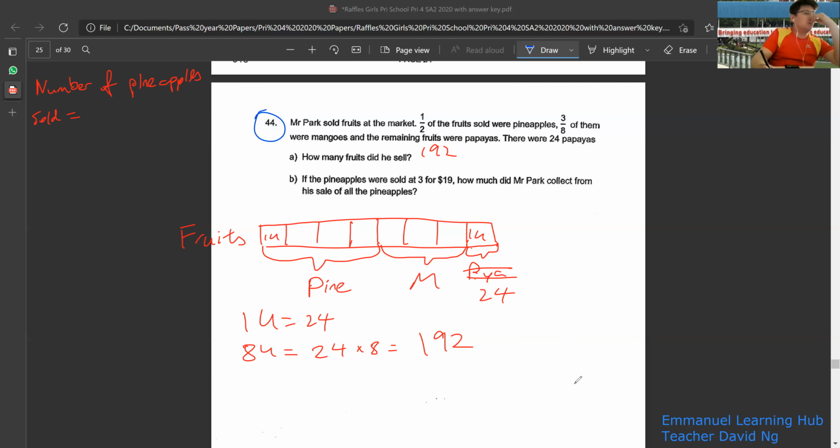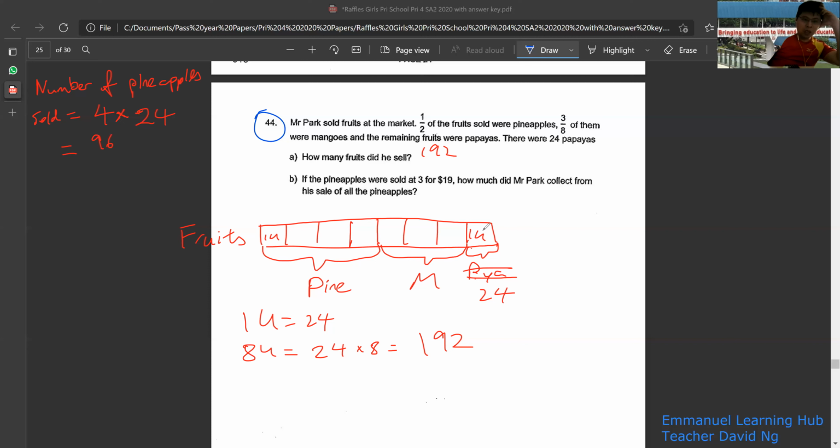How to find the number of pineapples that he sold? 4 units. 4 multiply by how many? 24, because 1 unit is 24.